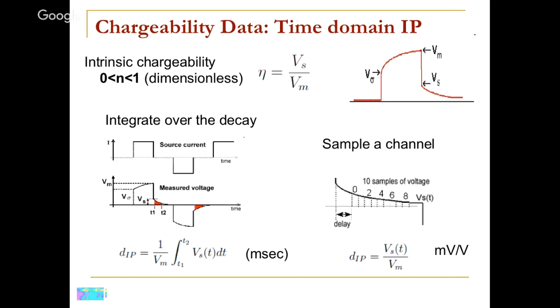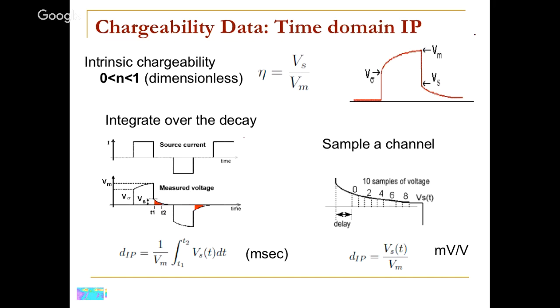So in that case, the value of the datum was the integral from t1 to t2 of the secondary voltage, but again, normalized by whatever that primary voltage was. So the units here are V sub S, volts over volts, so that cancels out, but then you're integrating in time, and so that gives you a unit in time, and usually we convert that to milliseconds. So if you go back to those first charts, that's what the units were. They were in milliseconds.